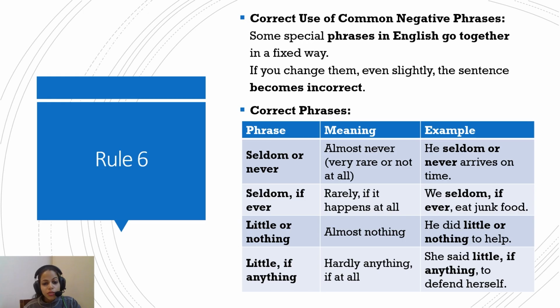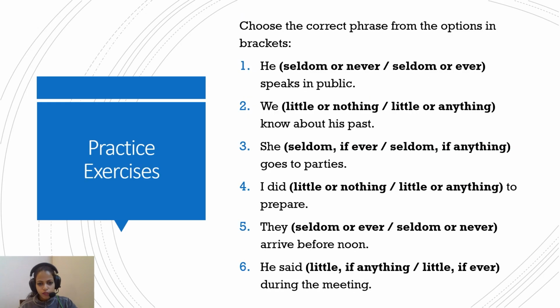So it should be seldom or never, because they are both close to no, or seldom if ever. Similarly, little or nothing means very little or almost nothing. And little, if anything means if there is anything, it is so small that it's questionable. That's how you can remember these phrases.